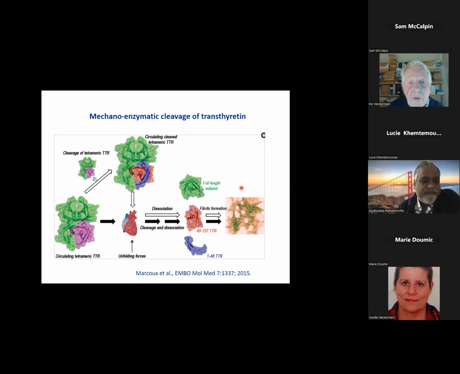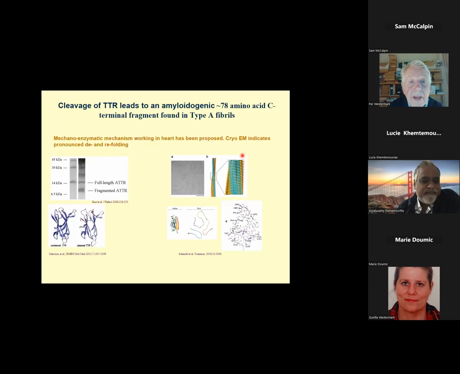with fairly small changes in the three-dimensional structure of the monomeric protein. And that is, of course, attractive, since TTR amyloidosis has so strong affinity for the heart, where one can believe that there is a strong tendency for shear forces.